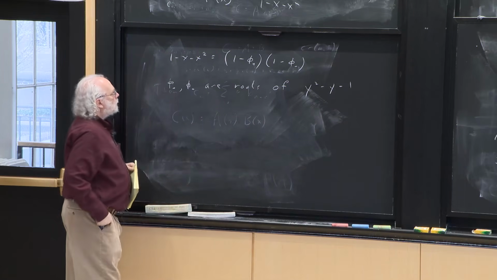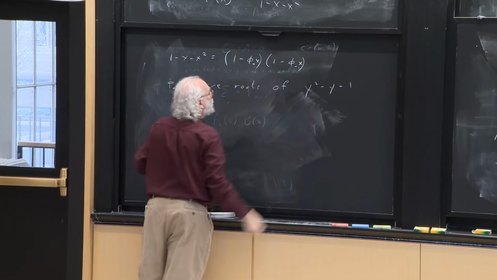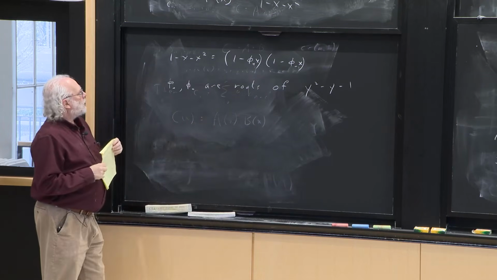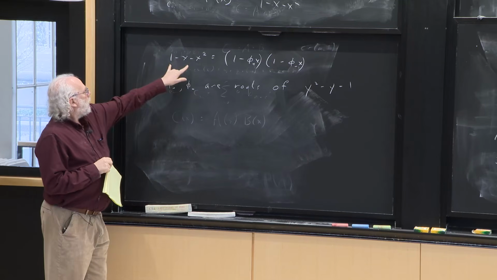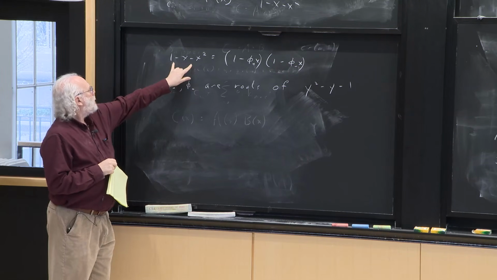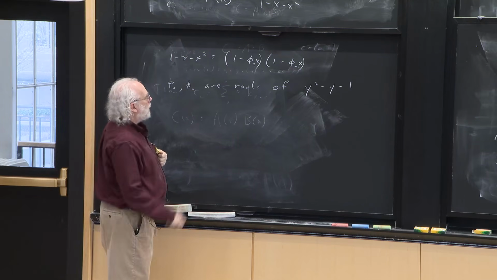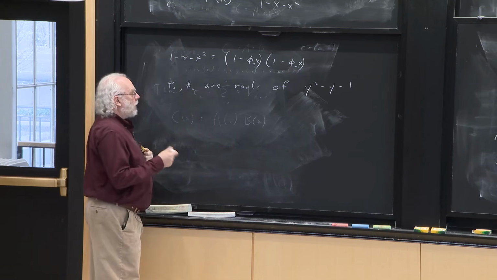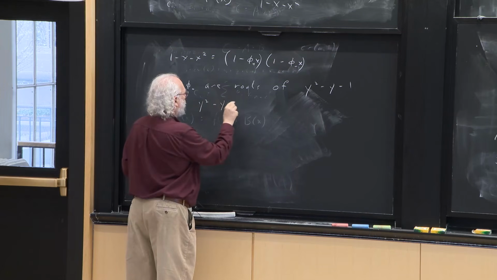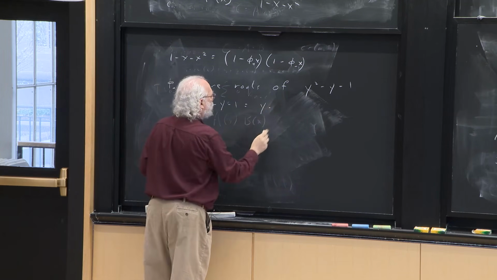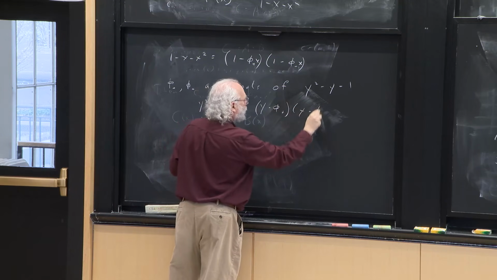I forgot to put the x's in this equation. Maybe I should explain why phi plus and phi minus are roots of y squared minus y minus 1. So y squared minus y minus 1 equals (y minus phi plus)(y minus phi minus).